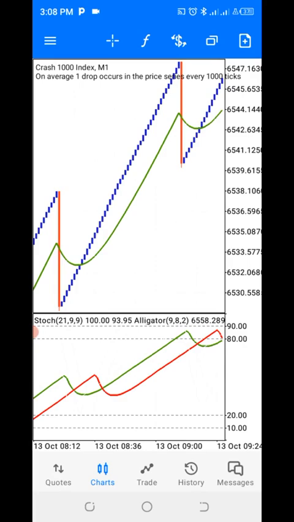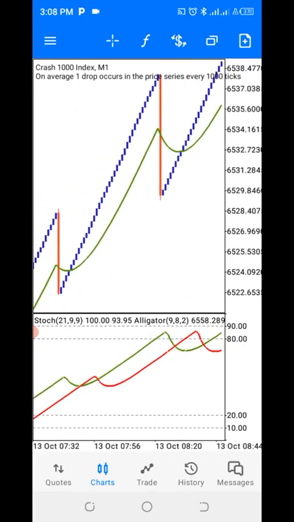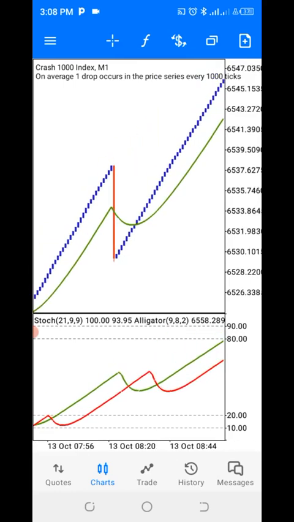And you actually don't need much. They tend to give you a long trend on scalping.